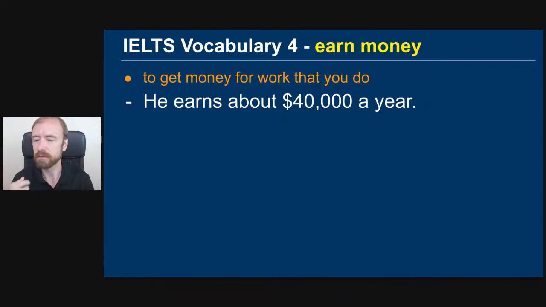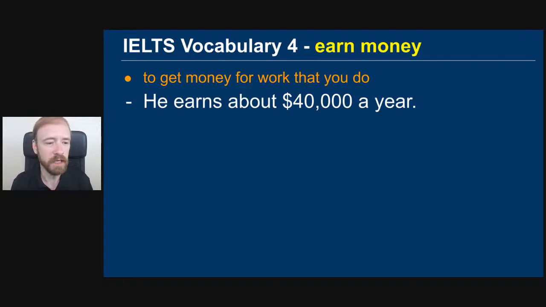Something is not given to you. For example, if you play the lottery and you scratch and win $1 million, you did not earn that. Well, you made that money, but earning is associated more with working hard to get the money at a job. So he earns about $40,000 a year.